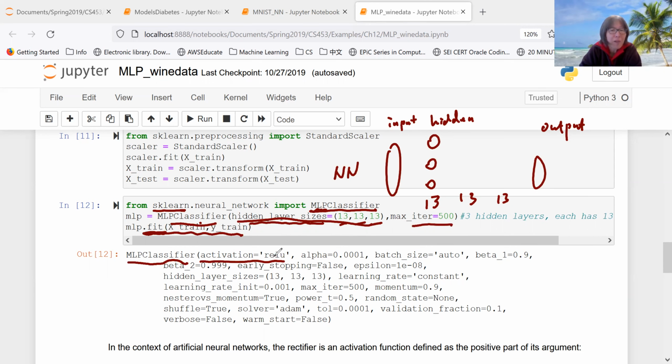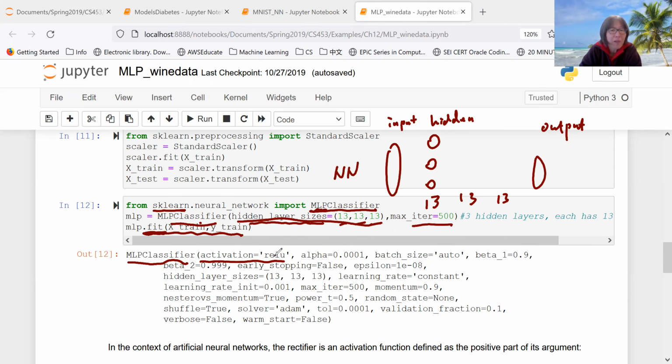This is another kind of activation function. Okay, later on we will explain. And later on, when we see the TensorFlow, we will also see we use this one quite often for the activation function.